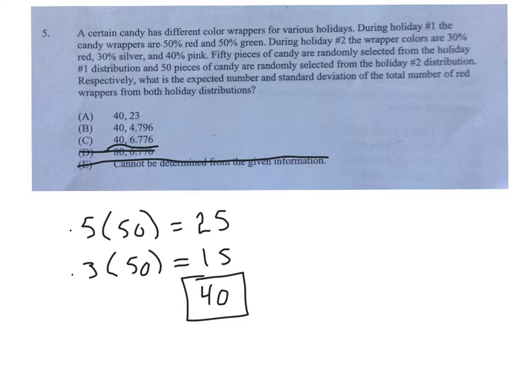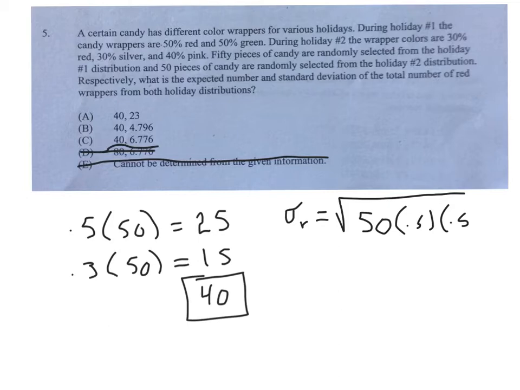So now we just got to grapple with A, B, and C. Let's see what we got to do with that. So for expected value, how do we figure out the standard deviation? Well, for instance, let's take the 50-50 option, right? So the standard deviation of red would be the square root of how many in our sample, and it's the probability and 1 minus the probability, right?